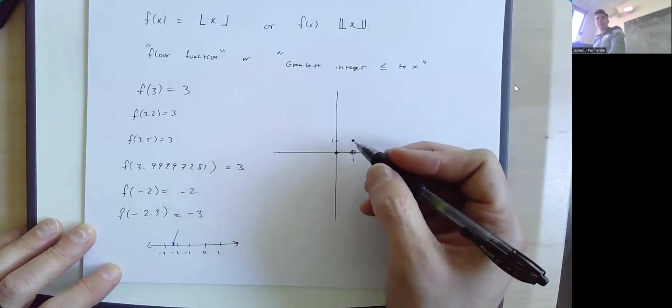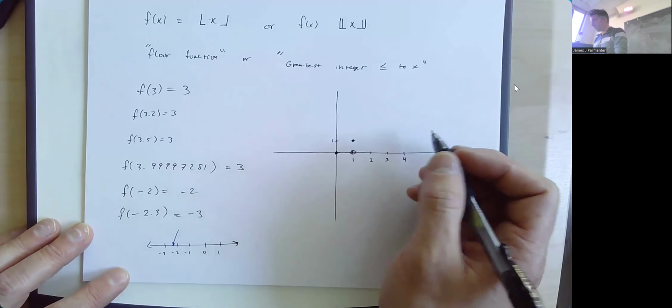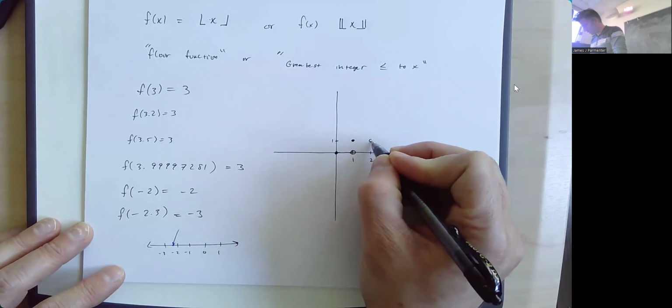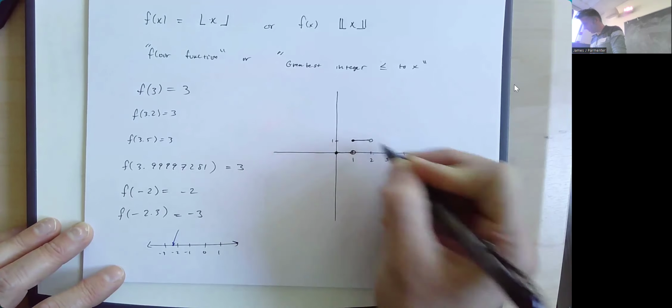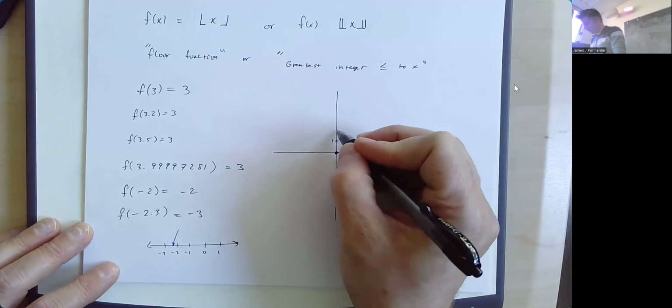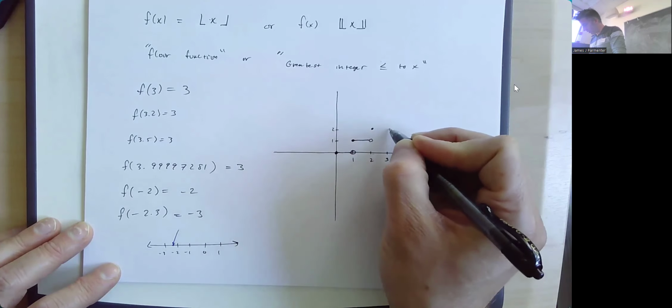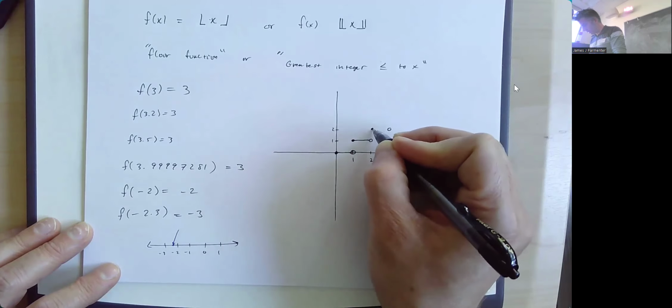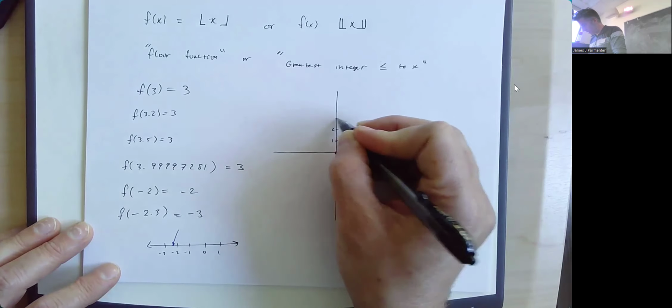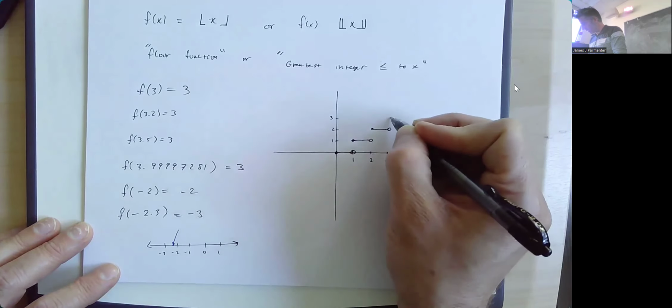And then any number bigger than 1, but still less than 2, will give me an output of 1. So I get all those values there. So basically, you keep jumping up. At 2, I jump up to 2. I'm going to draw an open circle at the same level over at 3 and then connect them like that. And then at 3, I jump up to 3. And you just keep going like this forever and ever.